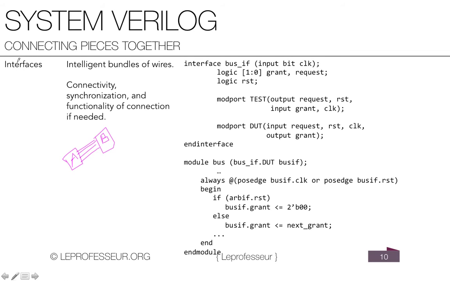But in SystemVerilog via interfaces, you can make a bundle of it, and in just one line you can connect A to B. Say for example here we have defined a bus interface. Its input is a bit clock, and it has logic grant, request, and reset. So we have more information other than connectivity with this interface.